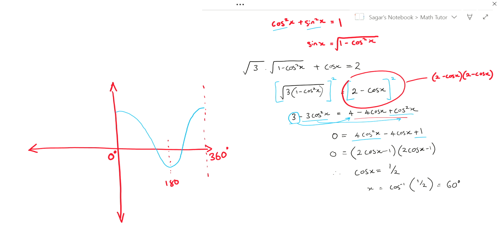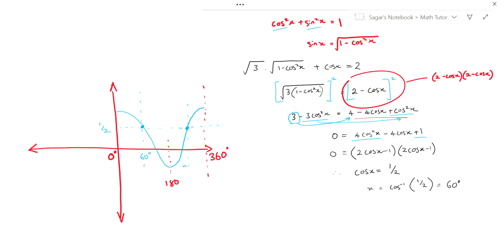Now, we've got x equals 60 degrees. So let's draw that onto our graph. At x equals 60 degrees, the y-axis will be equal to a half. And it is also equal to a half at x equals 300, right?